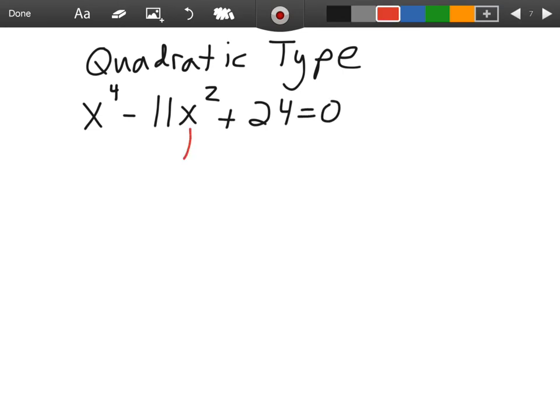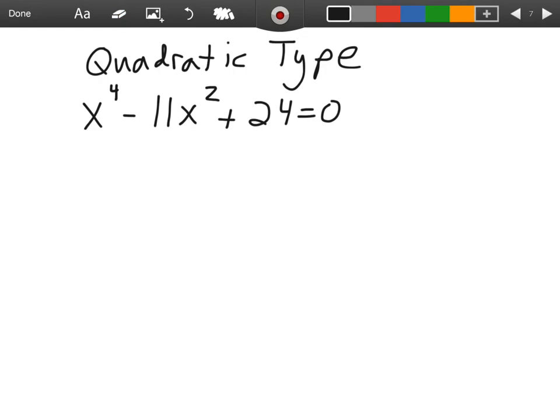You see that the first term is this guy squared. And that's how a quadratic is set up. And this over here is just a constant.